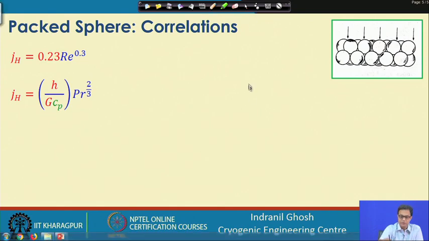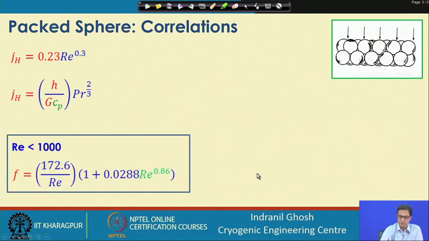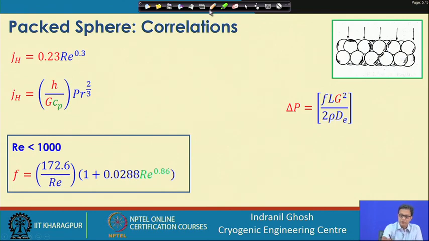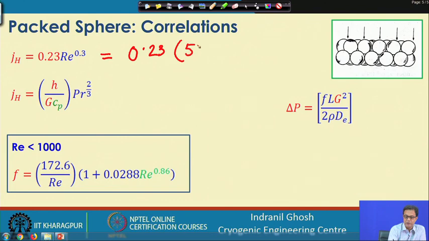So, here we will also put in the other parameters. If we put in this correlation, we find that this is 0.23 and the Re is 571 to the power of minus 0.3.